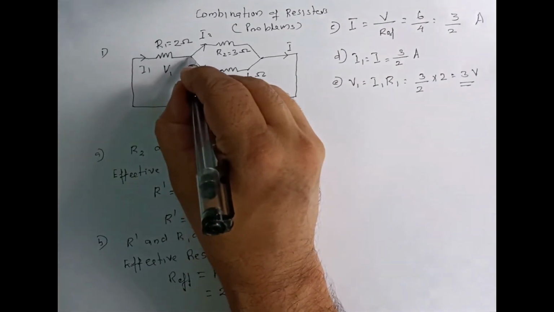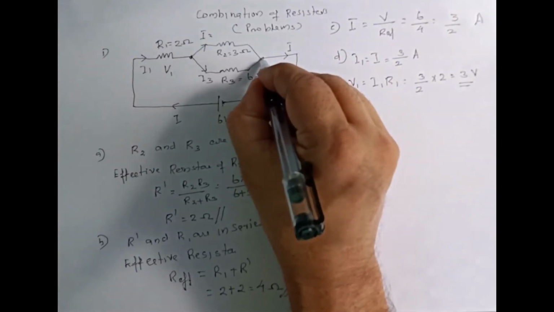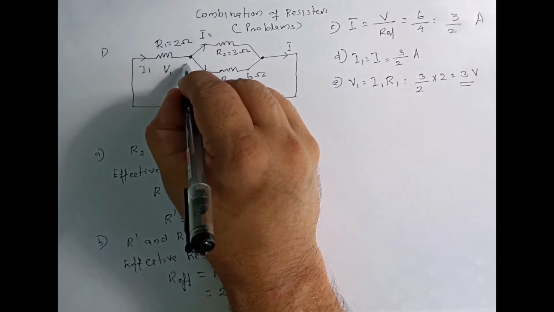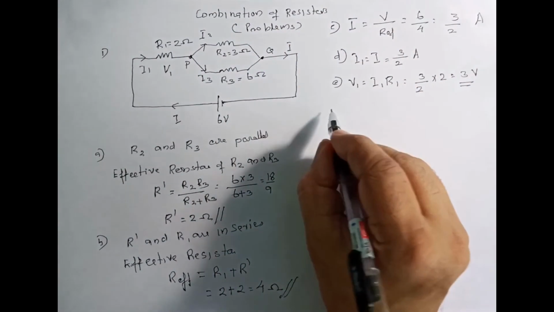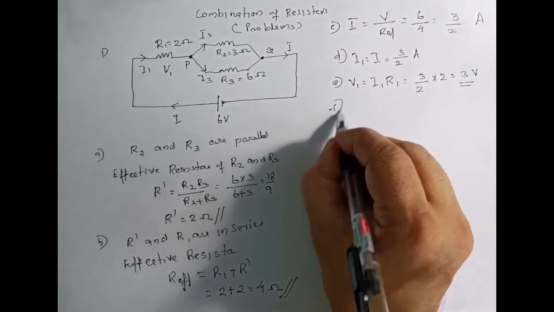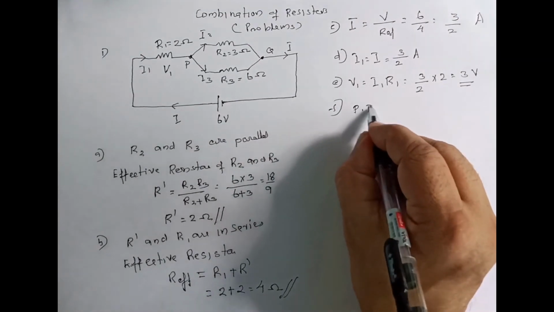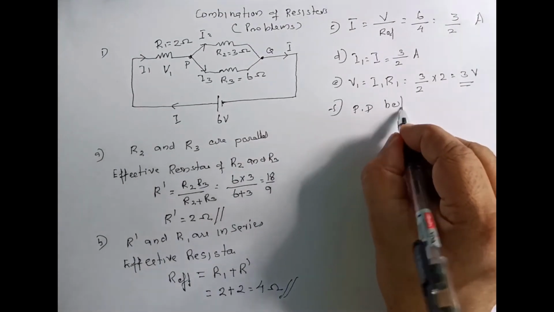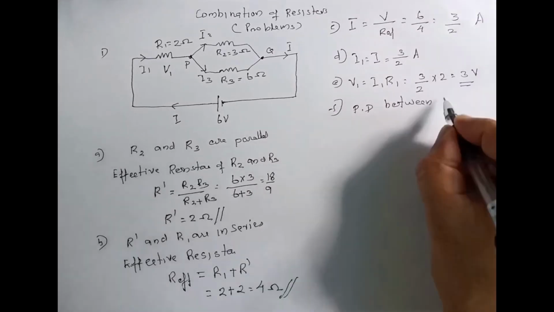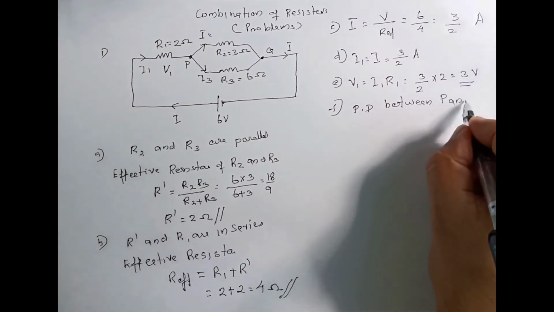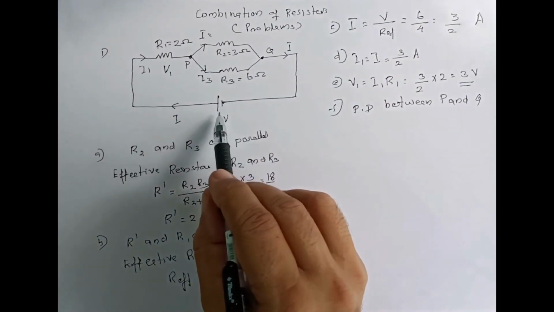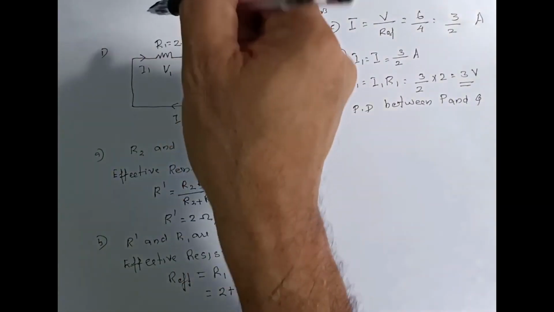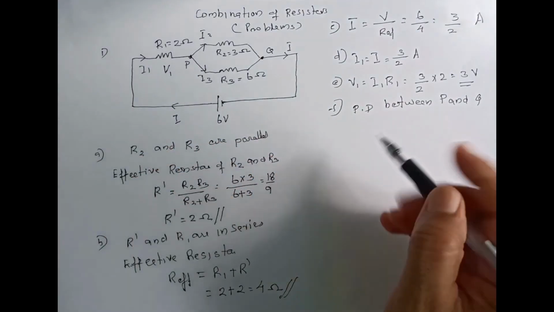Now we can work out the potential difference between these 2 points. Let us call this P and Q. What will be the potential difference between P and Q? Total potential difference, you know the EMF, from that you have to subtract V1.